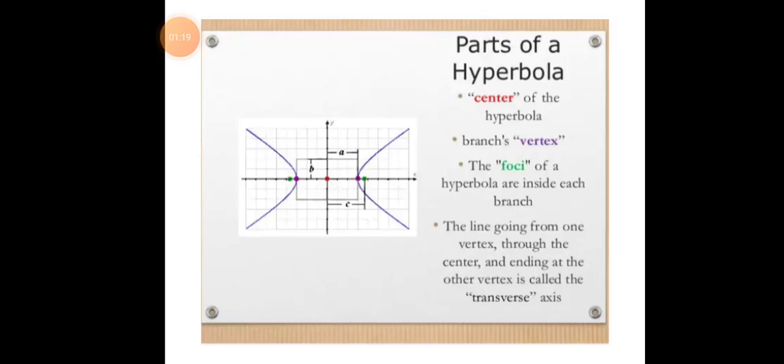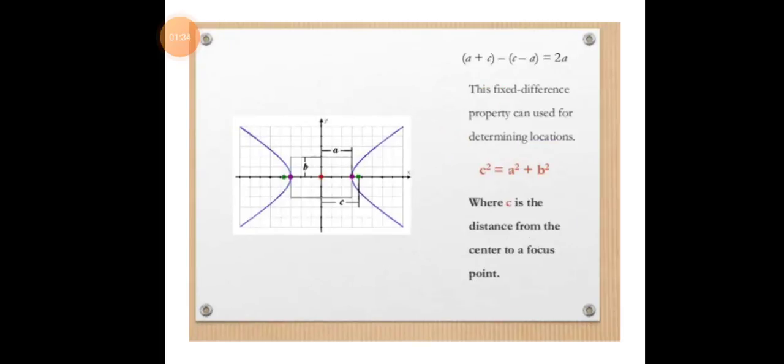The line going from one vertex through the center and to the other vertex is called the transverse axis. This fixed difference property can be used for determining location.